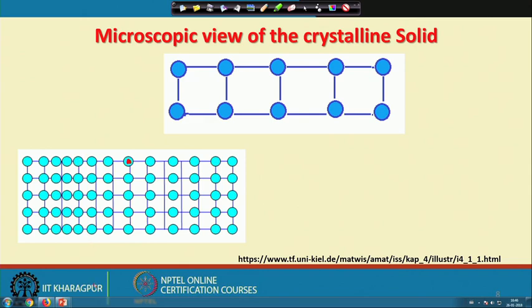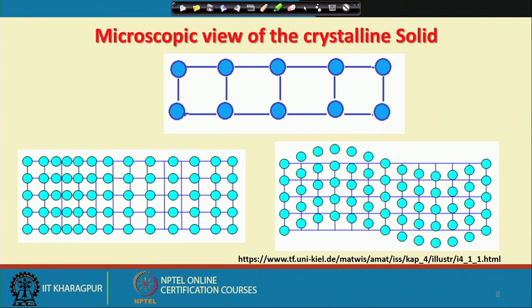So, basically what we are looking at are the possible changes associated with the thermal motion of the atoms at and around the lattice points.